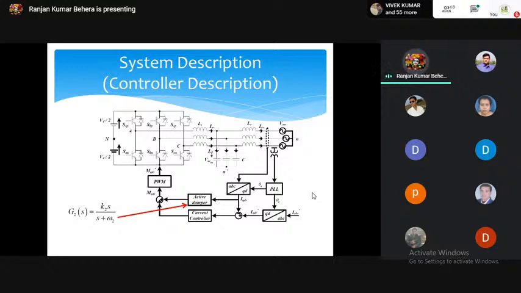But when you have a current controller, what is the problem? The problem is with the resonance. So in a voltage source inverter, there are three frequency components. One is your switching frequency, and the other is your sampling frequency.